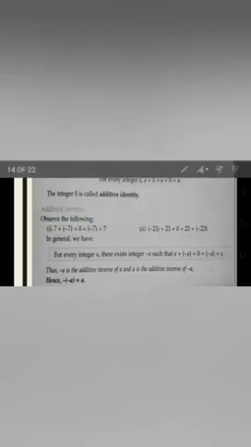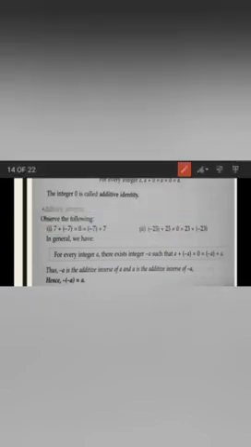Okay, now come to the next, additive inverse. So what is the additive inverse? For any integer a, if you add minus a to that number, then the sum will be 0.